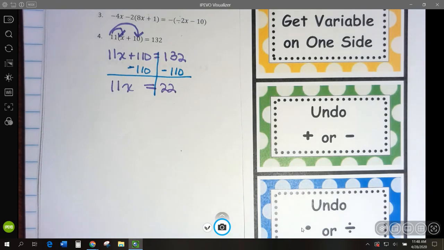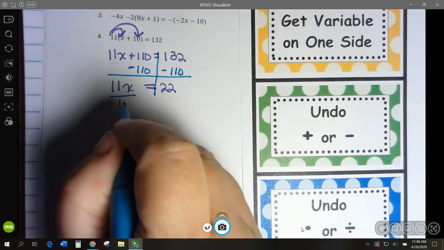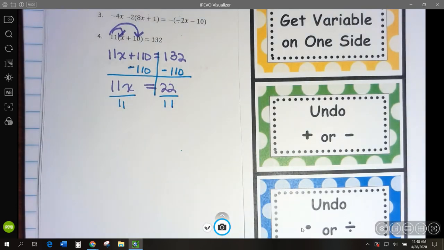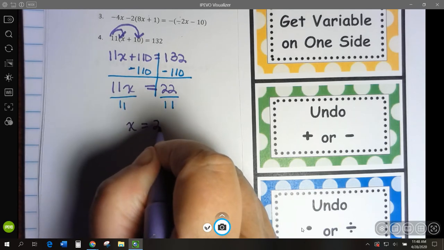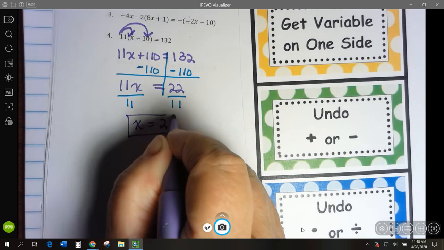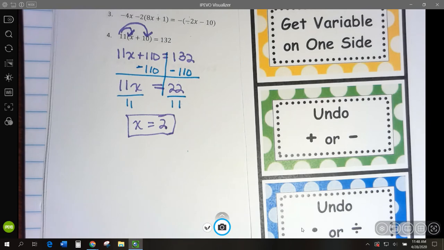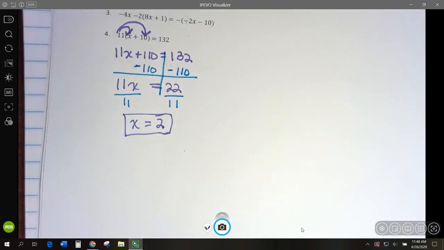Now we're going to divide by 11. And we're going to have x equals 2. That's number 4. Let's go to number 5.